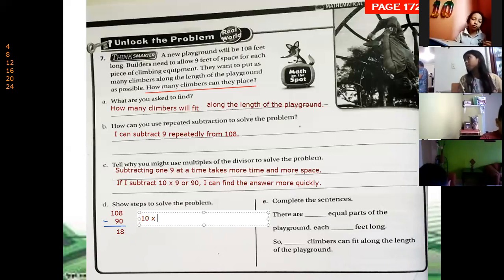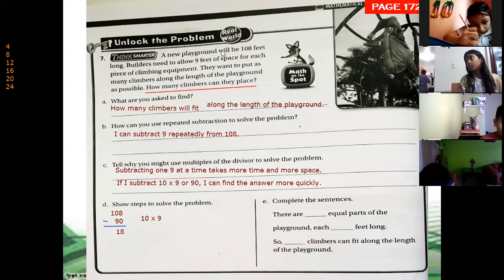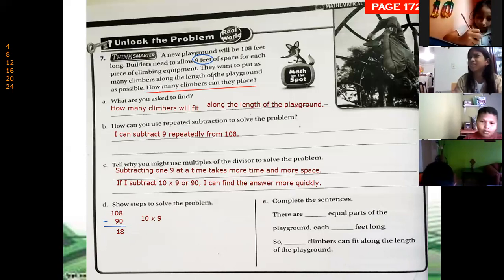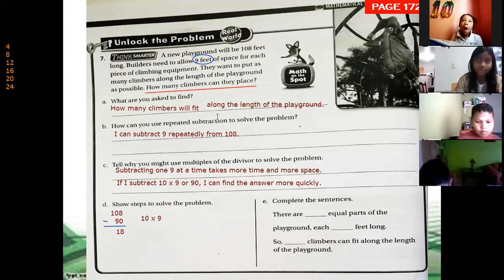So the first one we did here was 10 times 9. Why 9? Because 9 is the second number we have here, 9 feet. So we need to use this number. 10 times 9. Now I need a number in the table of 9 that multiplied by 9 equals 18.